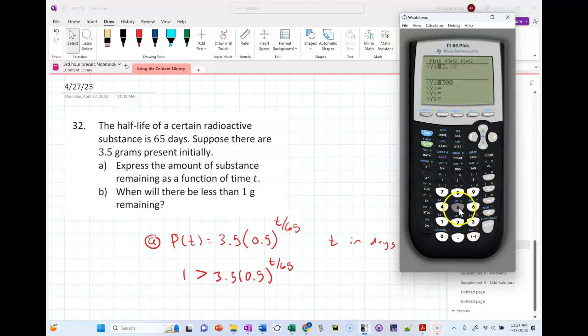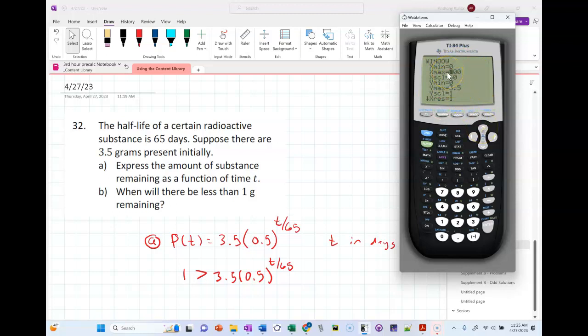So 3.5 times 0.5 to the x divided by 65, and then just make that 1. So the y scale, I'm just going to make from 0 to 3.5. I made y2 just 1. And this is days.